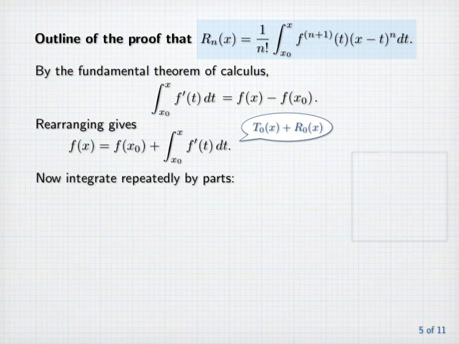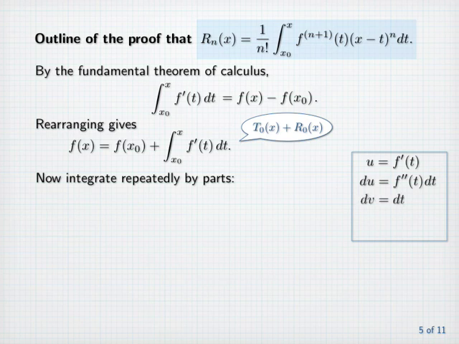Let u equal f prime of t, which makes du equal f double prime of t dt, and let dv be dt, which gives us v equal to t. But we could also add any constant to v, so let's write v as t minus x, since x is fixed as far as the integration is concerned. Now that equals minus x minus t.